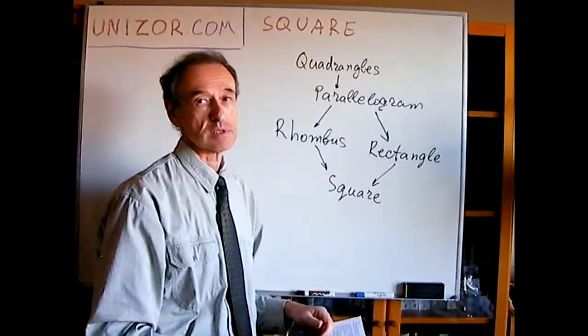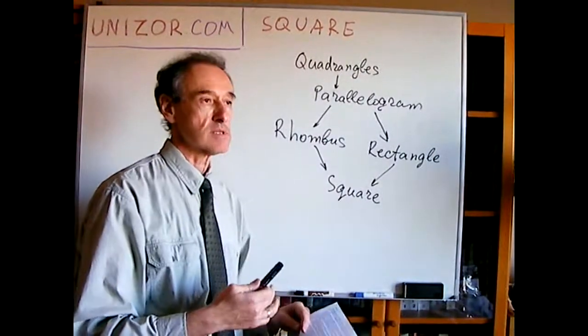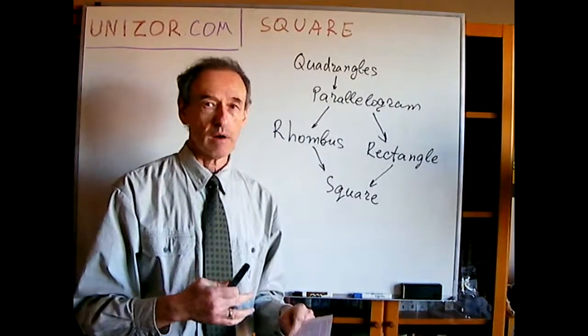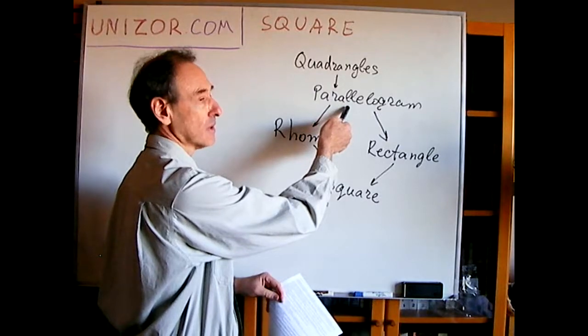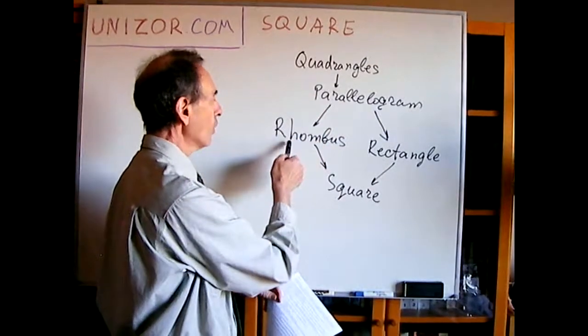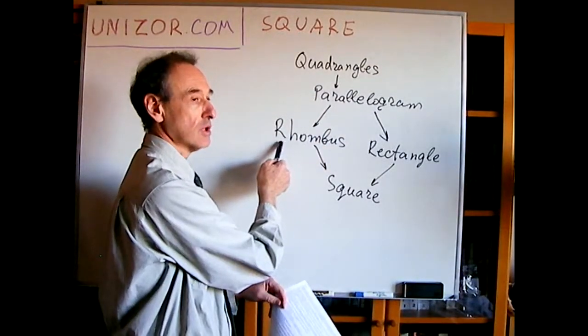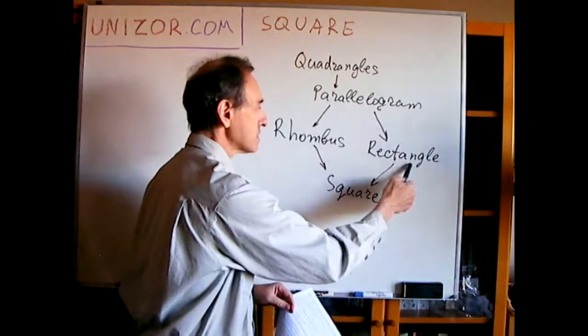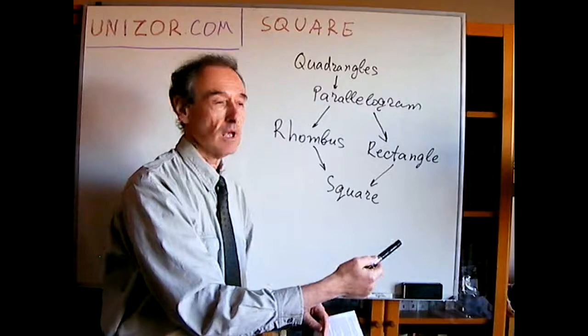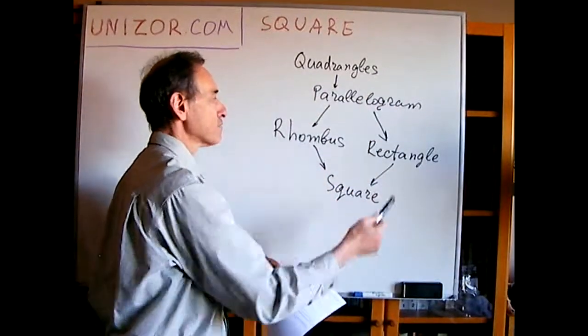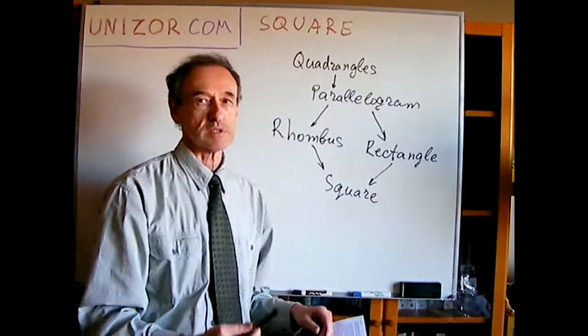That's what the square is. And properties of the square are all the properties which parallelogram has, plus all the additional properties which rhombus has, plus all the additional properties that rectangle has. All together, these properties make up properties of the square.